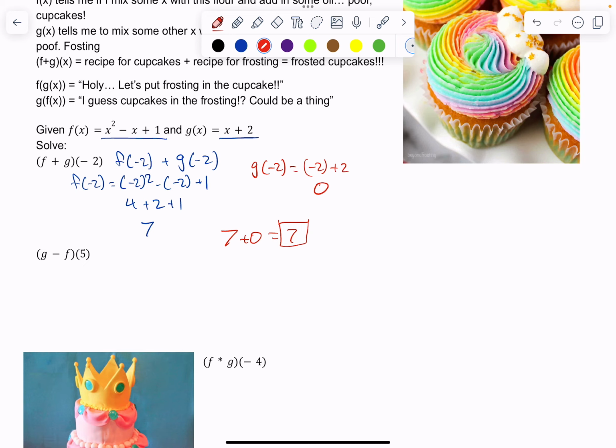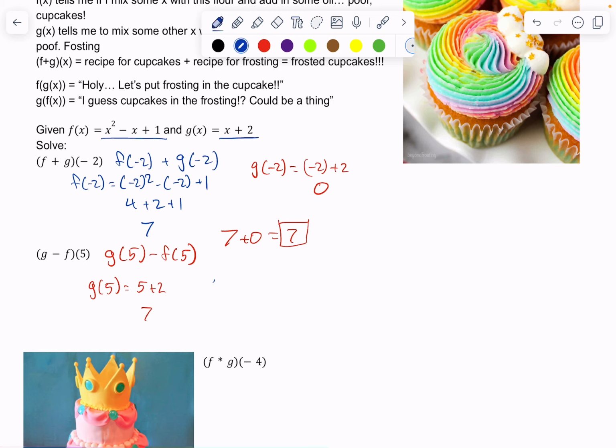g minus f of 5 is the same as me saying g of 5 minus f of 5. That is going to be plugging in a bunch of things. g of 5 is going to be a little easier, so let's just do the g of 5 first, which is 5 plus 2, which is 7.